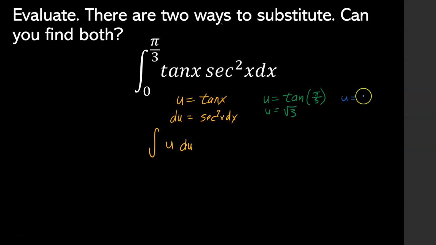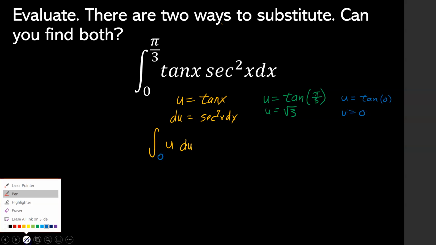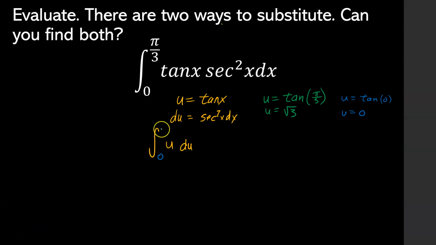That means we can also do tangent of 0 is 0. Wrong color, want to make these match. And so now this is sort of nice. We already took care of the tangent part. We even changed the 0 and the pi thirds using that rule about tangent.